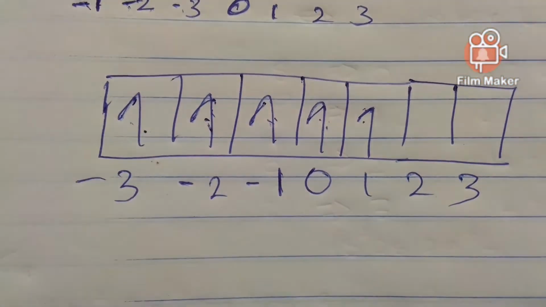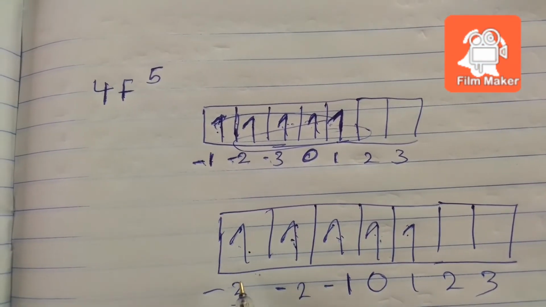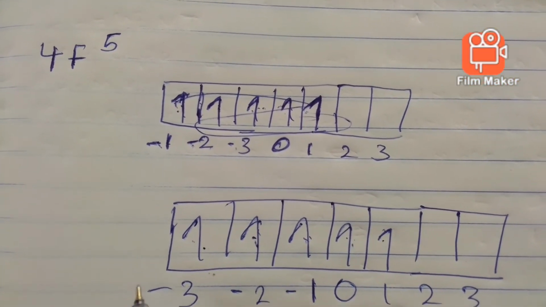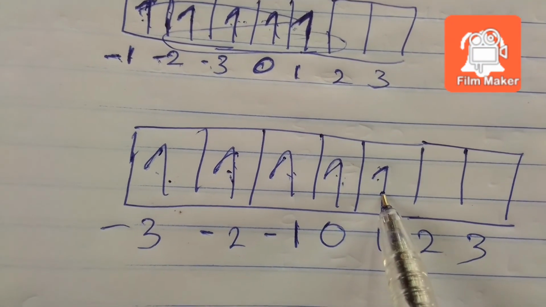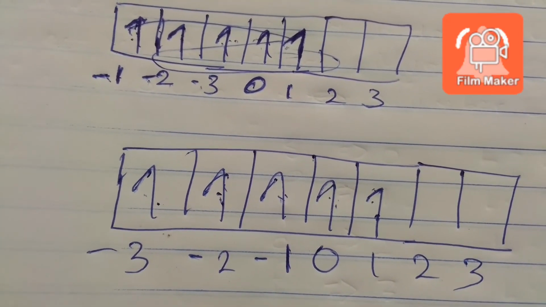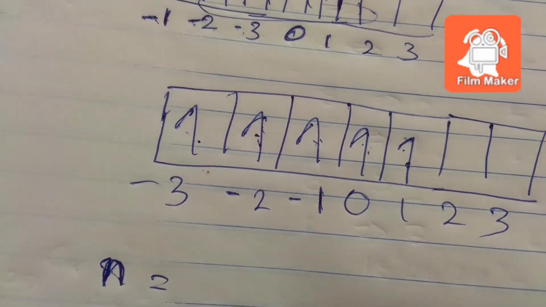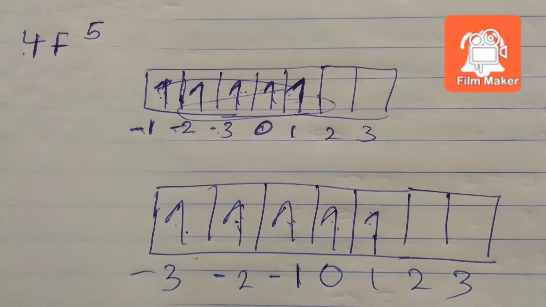Since it is 4f5 we are dealing with, and the f block always has 7 blocks, and since this is where the last electron ends, let's start with the n, which is the principal quantum number. Since 4 is the coefficient here, n is 4.